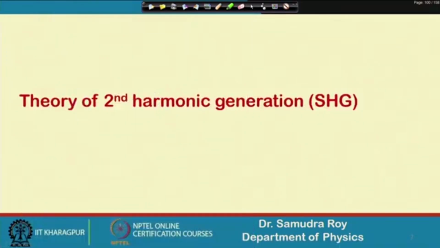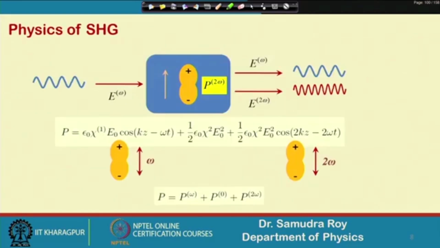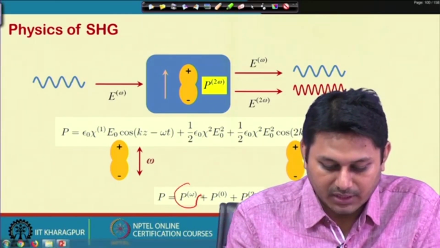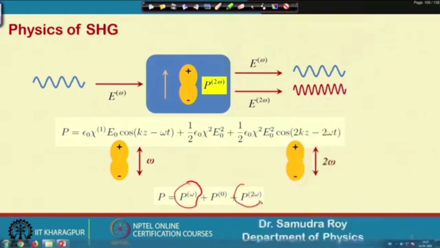Now we are going to learn, as I mentioned, the theory of second harmonic generation. If I go back to the picture we have already shown in our previous classes, if I launch an electric field E omega, the polarization is going to vibrate. These are the polarization terms. Several times I mentioned that for this polarization we have the frequency components P omega and P 2 omega.